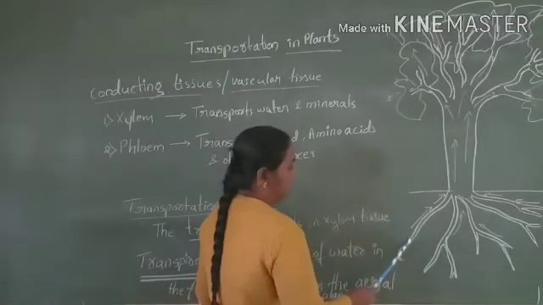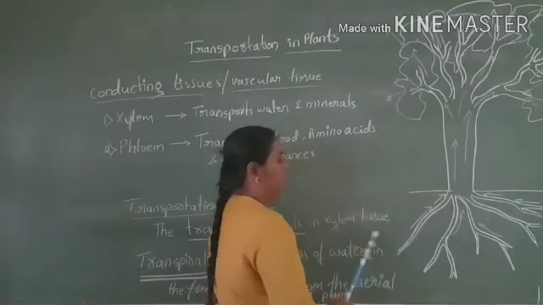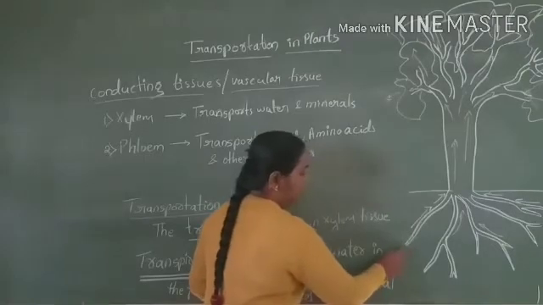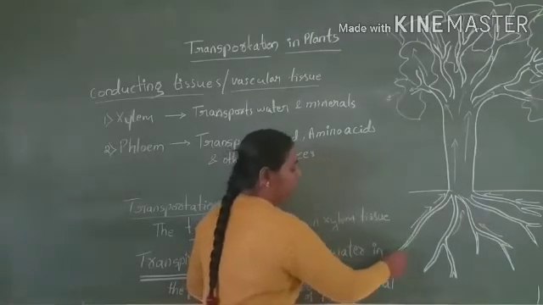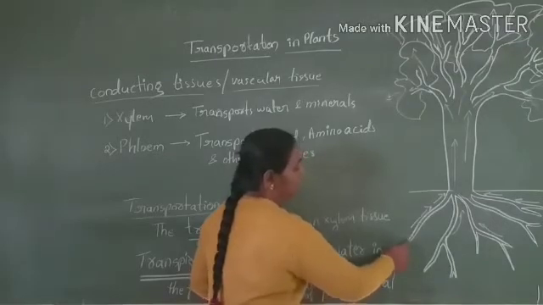The cells of the roots actively take up ions from the soil. This creates a difference in concentration of these ions between the soil and the cells of the root.